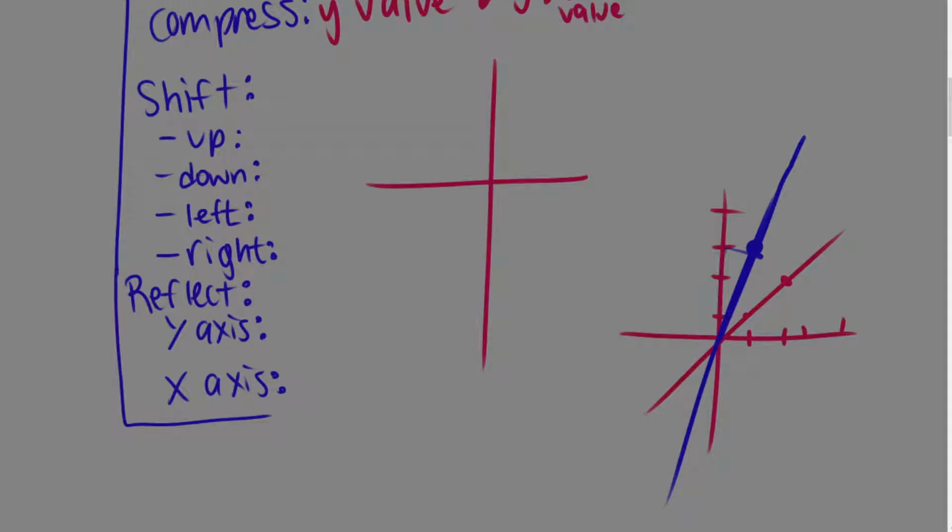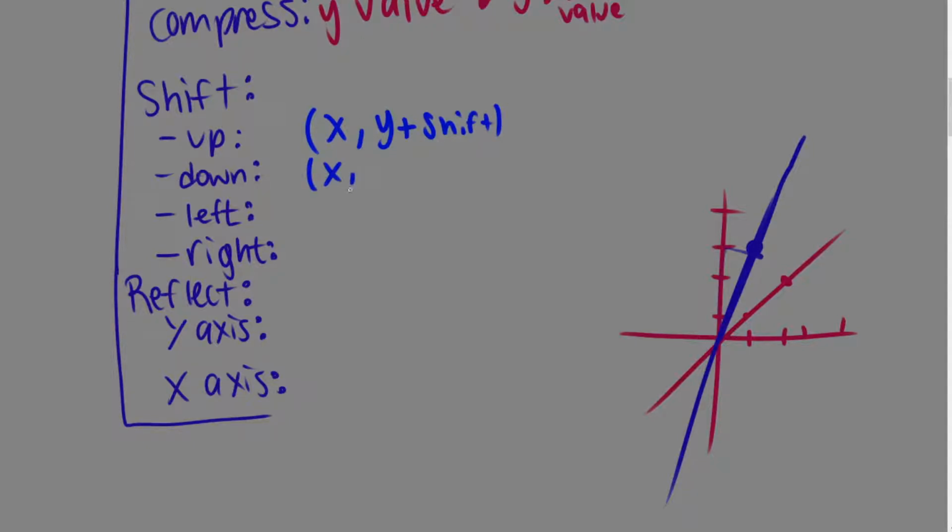When we're talking about what happens to the coordinates, when we're shifting up, we're keeping our x the same, but we're adding the value of our shift to our y value. Conversely, when we're shifting down, it's the same except we're subtracting our shift value from our y value.